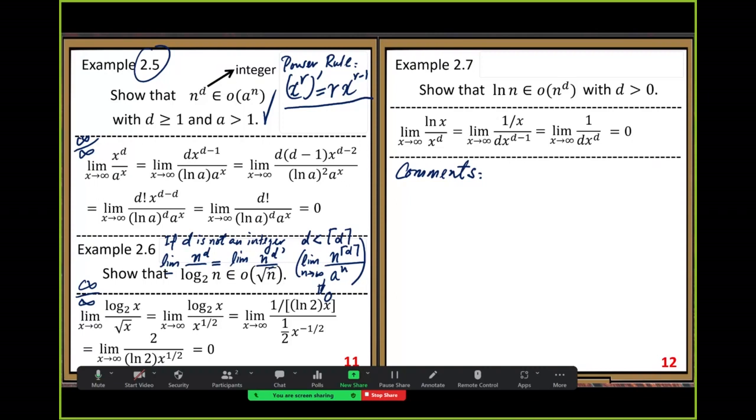Greater or equal to 1 is not important; any positive d we can put there. So think about it: we make d equal 1 million. How about that? Then look at that: n to the 1/millionth power.